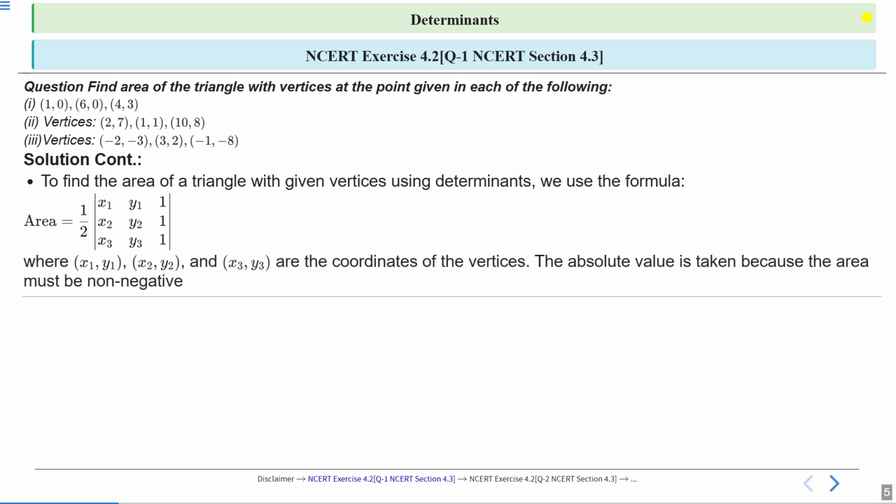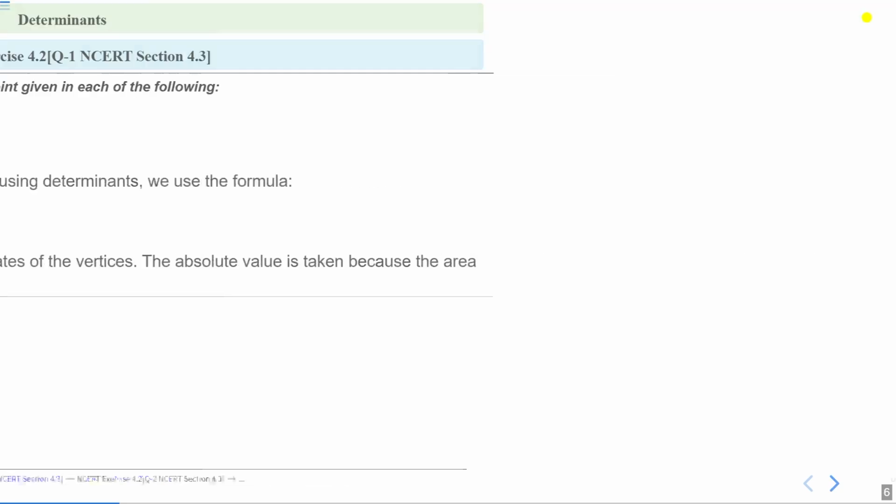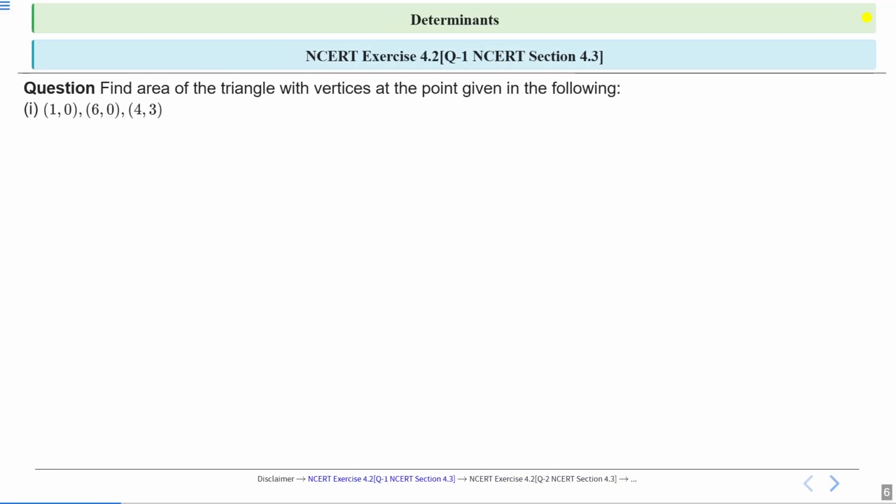So if we are given 3 vertices and we have to calculate the area of the triangle, we can use the formula, and we can also use the determinant. Okay, so now we have two methods. So try to find the area of this triangle.